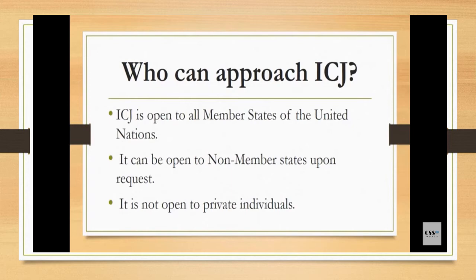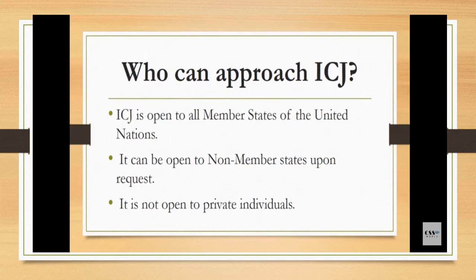But if there is a state that is not a member state of the United Nations, but still wants to resolve its case by the International Court of Justice, then upon a request from a member state, the non-member state can also approach the International Court of Justice for its legal matters.